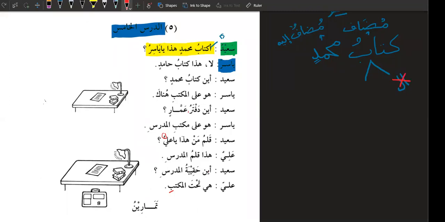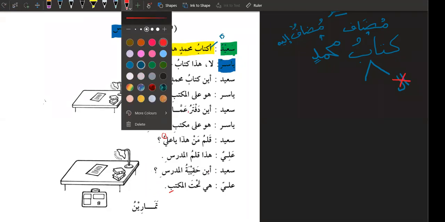So we can't say Al-Kitabu Muhammad, because that means the book is Muhammad. So whenever we want to make a noun belong to something else, then Mudaf never has alif and lam. So that's the first rule.